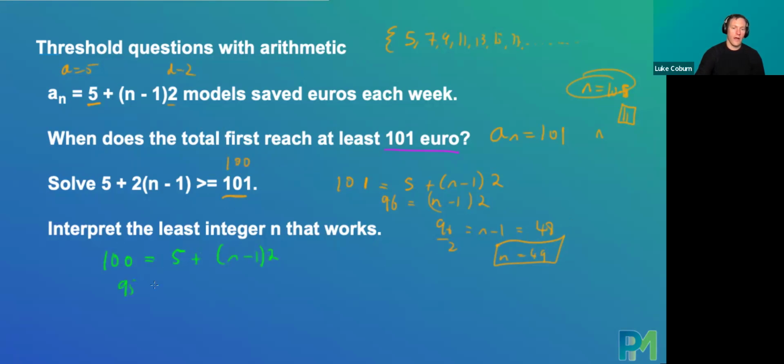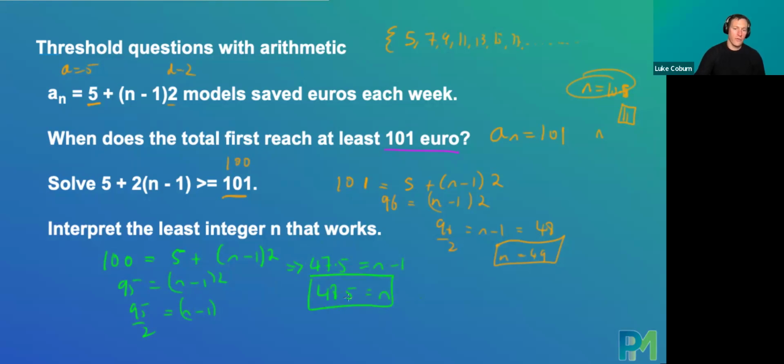Bring that across. 95 is equal to N minus 1 times 2. 95 over 2 is equal to N minus 1. And this tells us that 95 over 2 is equal to 47.5. Right, 47.5 is equal to N minus 1. So 48.5 is equal to N.